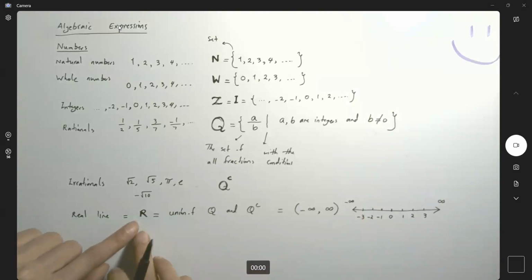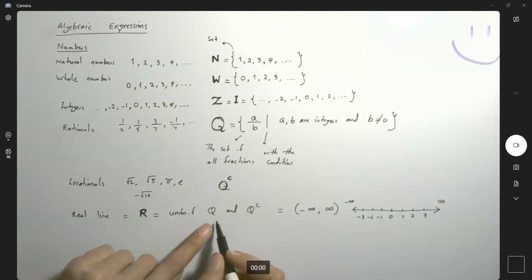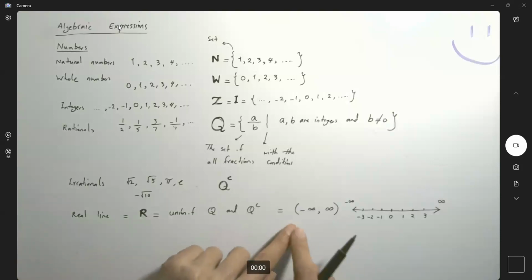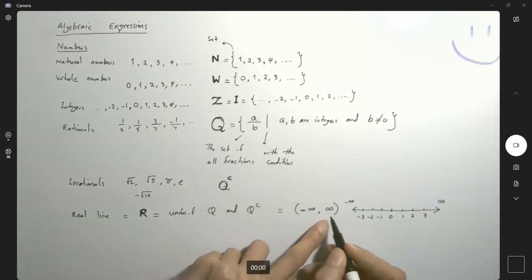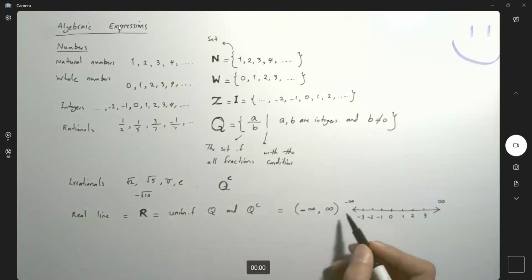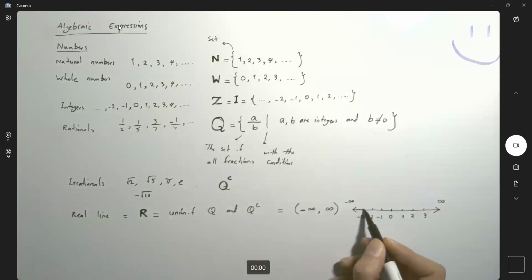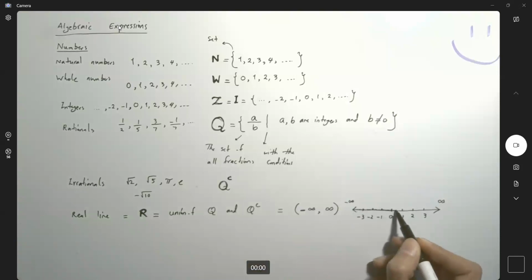Another representation: bolded letter R, union of Q and Q complement, or parenthesis, negative infinity, comma, positive infinity. From negative infinity, all of these points are located on the real line.